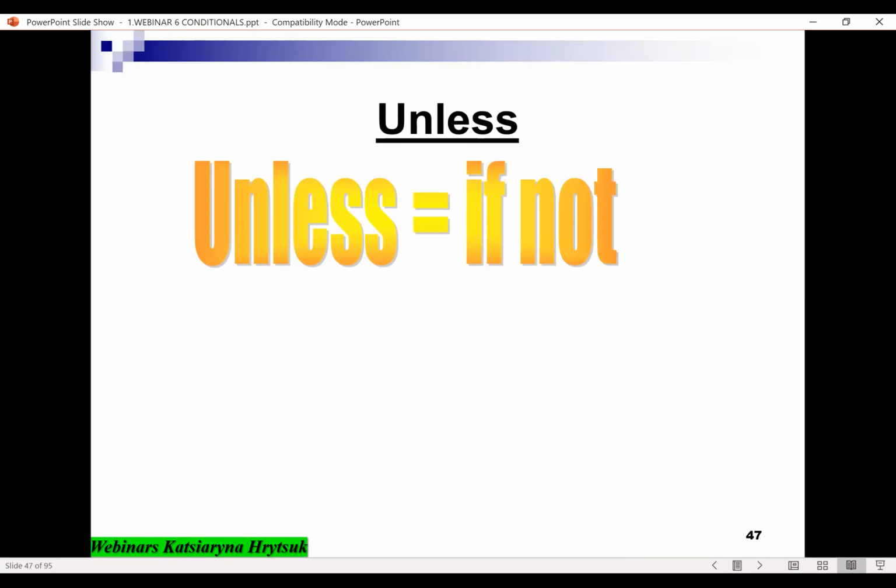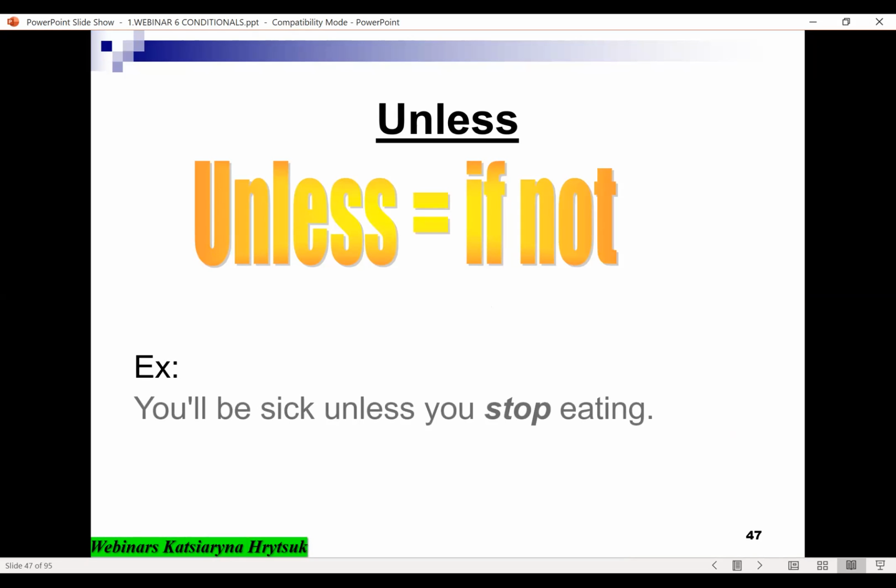Also with conditional one, instead of a negative if, we use unless. Be careful. If you have the word unless, the meaning of the sentence is negative. Please write it down. Unless is equal to if not. Natalie, can you help me to read, please? You'll be sick unless you stop eating.